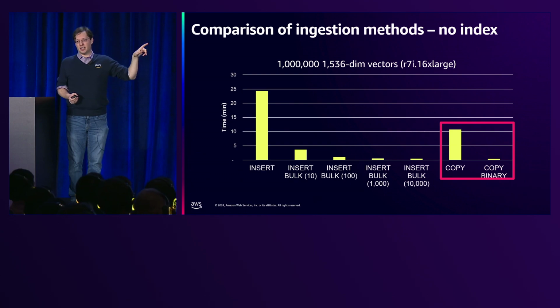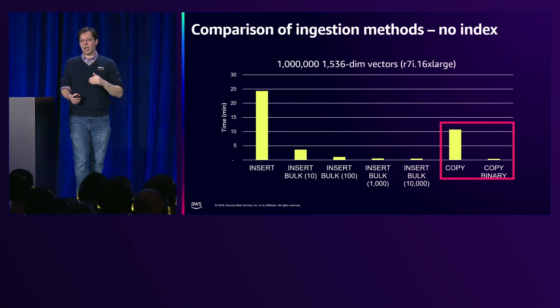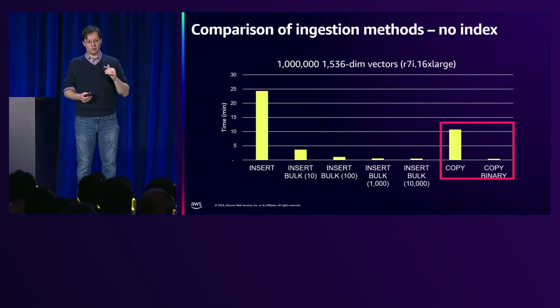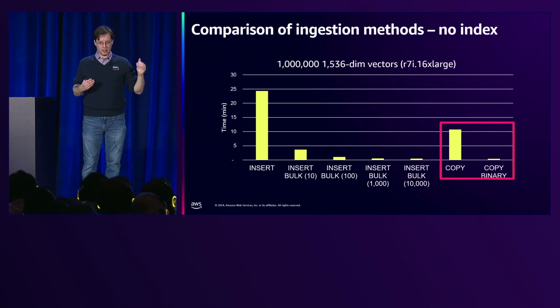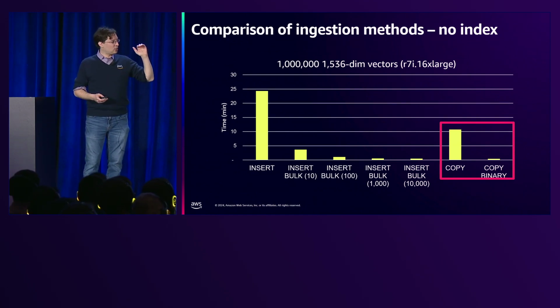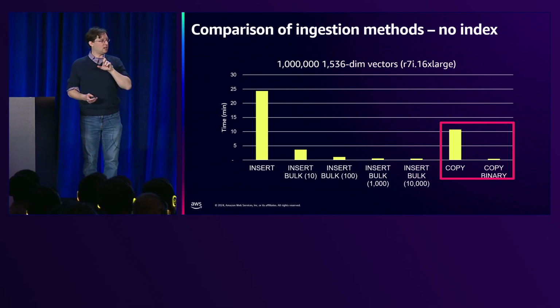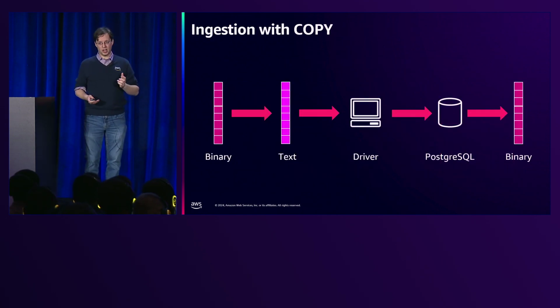The other interesting one is copy versus copy binary. So copy is a Postgres command that helps you rapidly ingest data. It's something that you learn early on. But we're going to see that there are actually challenges with just using copy without the binary format because it becomes an expensive operation.